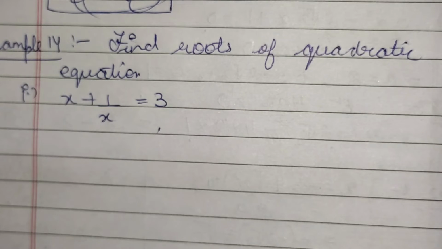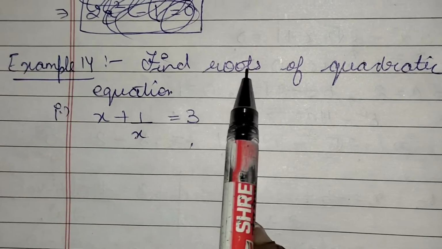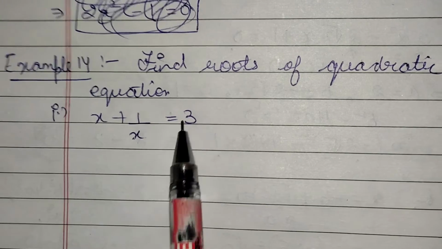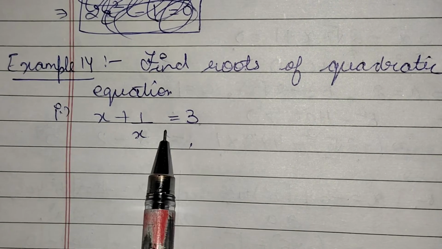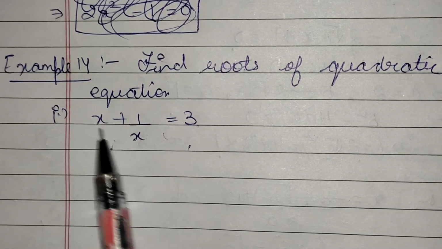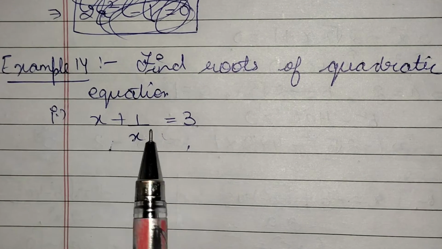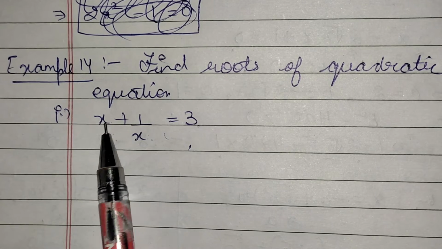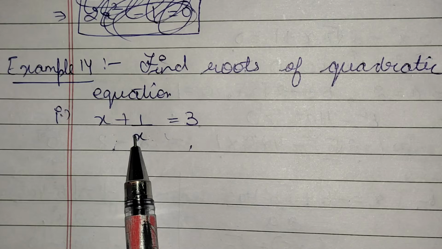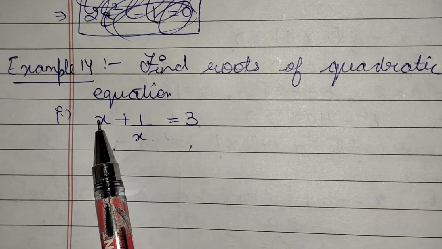Now example number 14. Find the roots of the quadratic equation x plus 1 by x is equal to 3. By just seeing it, it looks like this equation is not quadratic, but actually it is quadratic. When you simplify it, you will understand that it is quadratic.